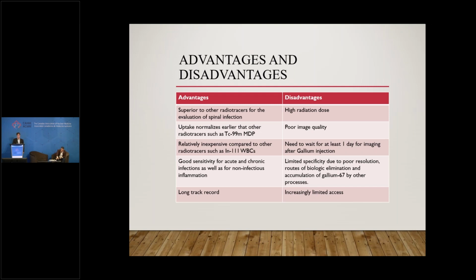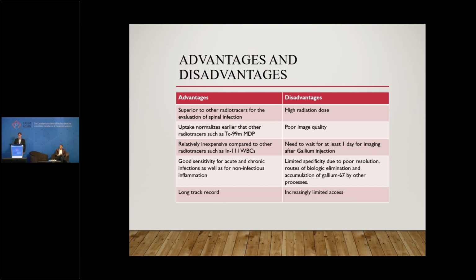The uptake normalizes earlier than other radiotracers such as technetium. Although it's expensive, it's still not as expensive as indium-111 white blood cells. It has good sensitivity for acute and chronic infection, as well as non-infectious inflammation. And finally, there's a long track record with gallium.